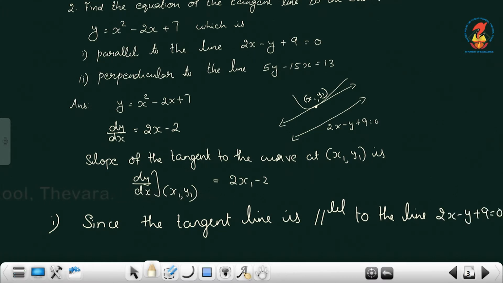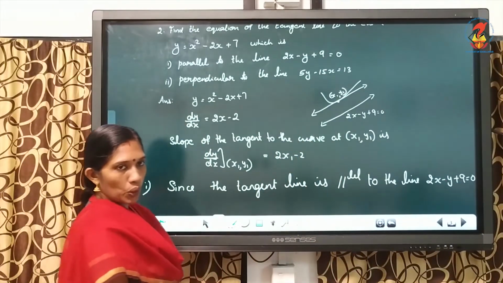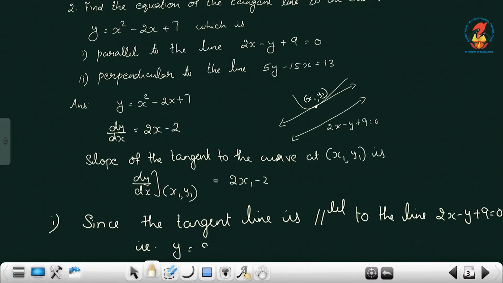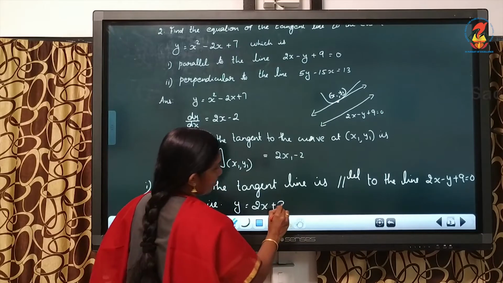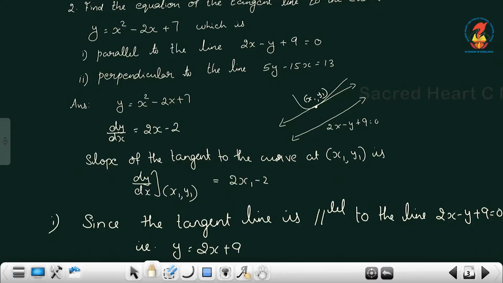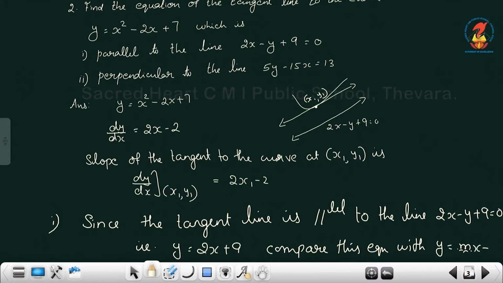So, we can reduce this equation to the form y equal to mx plus c, that is y is equal to 2x plus 9. Compare this equation with y equal to mx plus c.